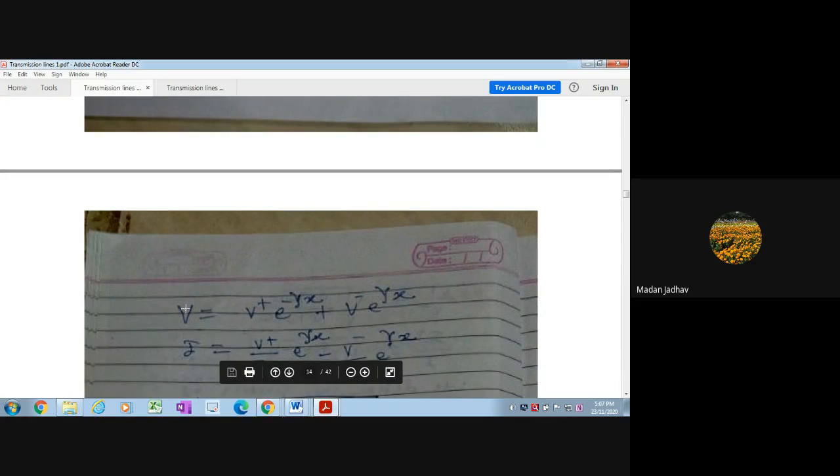This equation for the voltage is formed by two terms. The first term represents the forward wave. This forward wave has amplitude V plus, and e to the power of minus gamma x is its phase, which changes with respect to both time and space. The second term represents the reverse wave. Reverse wave means that wave is traveling from the load to the generator.